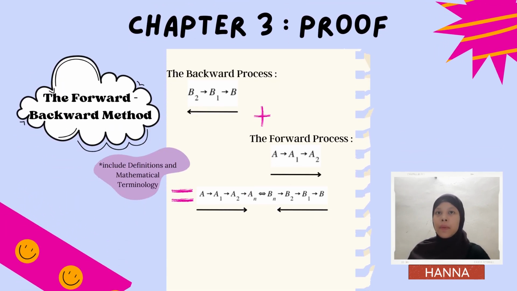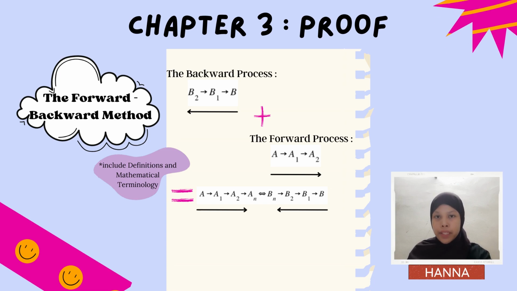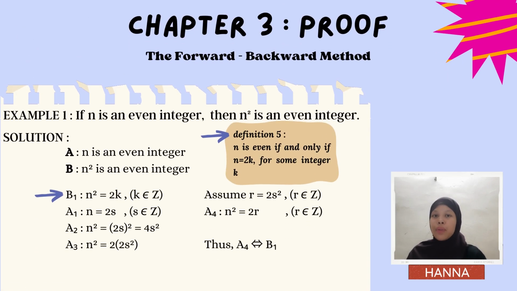After we show the combination of the 2 processes, the simplified steps from the 2 different ways will eventually meet in the middle, which means those 2 steps from 2 different processes will give the same result. Therefore, it will show that the conditional statement is proven to be logically equivalent. Now let's look at the examples.